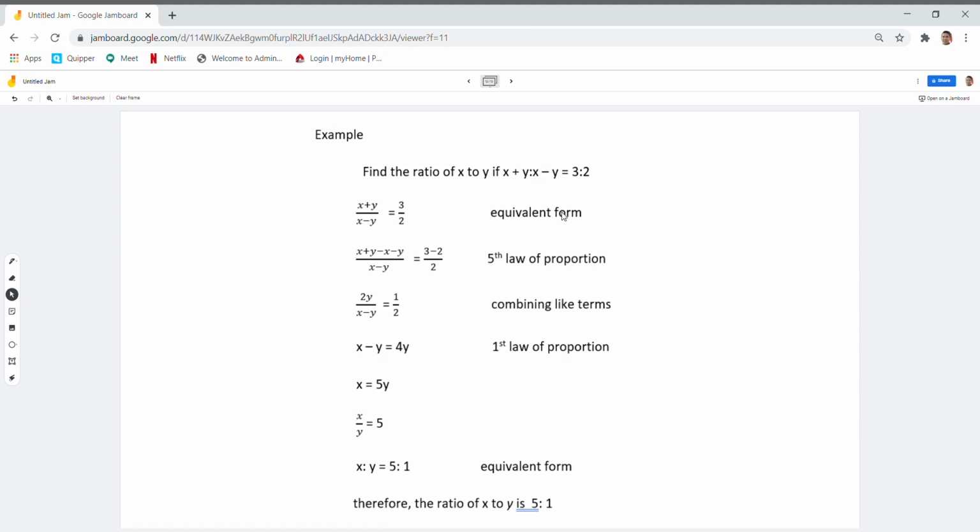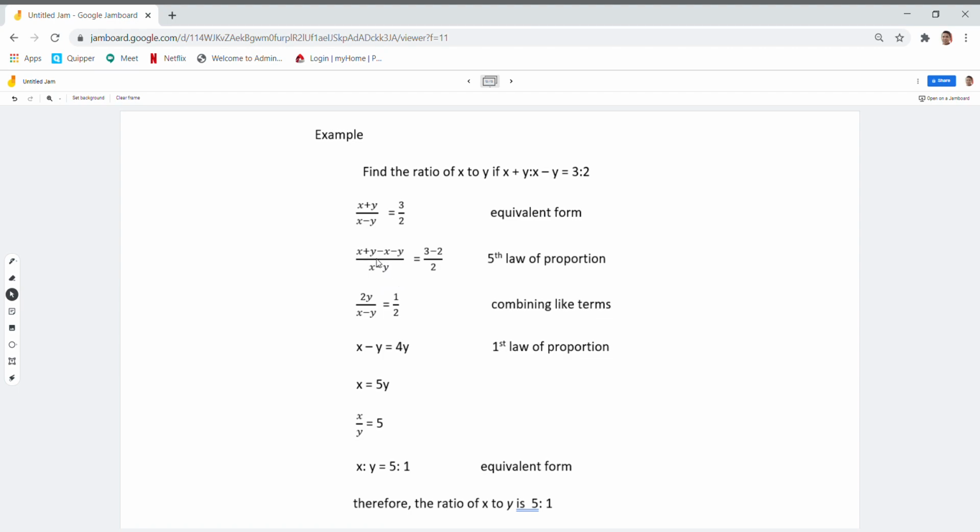They are now equivalent forms to the given, just horizontally written. Now, our objective is to find the ratio of x is to y, or x to y. Now, you can write using the fifth law, subtract the denominator.